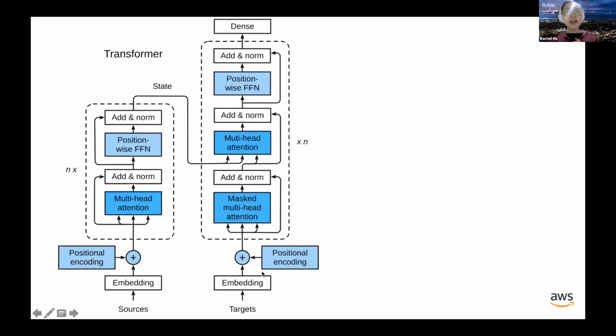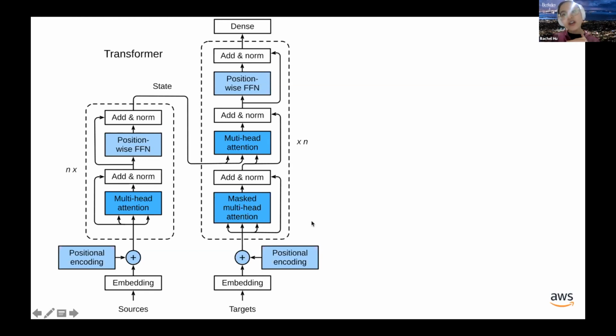At the same time, the target language, for example French, is fed into the French embedding, and then fed into the transformer decoder. So that's the whole overall architecture. It's an encoder-decoder architecture. That's the basic idea.